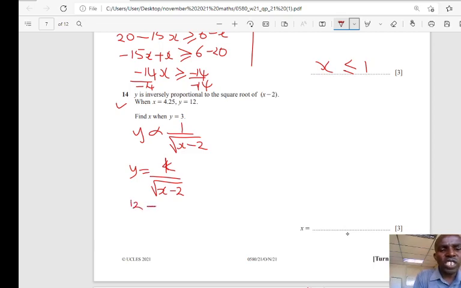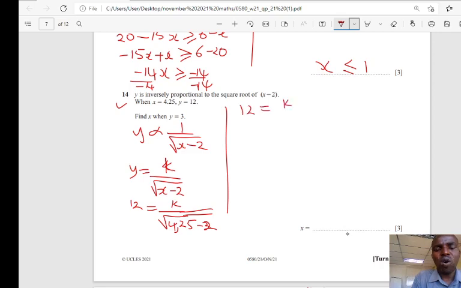So you put 12 is equal to k over square root of 4.25 minus 2. 4.25 minus 2, you get 1.5. Then you cross multiply by 12 by 1.5 here.